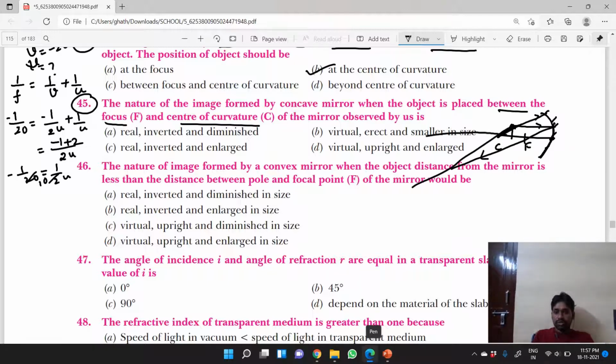Sorry, real and large, not virtual and large. So real, inverted, and enlarged image is formed.